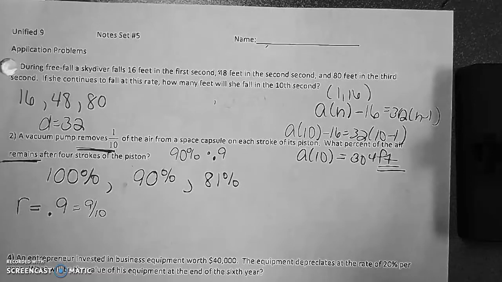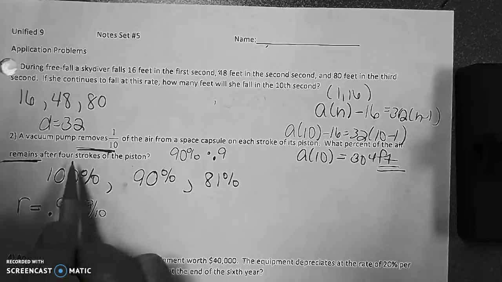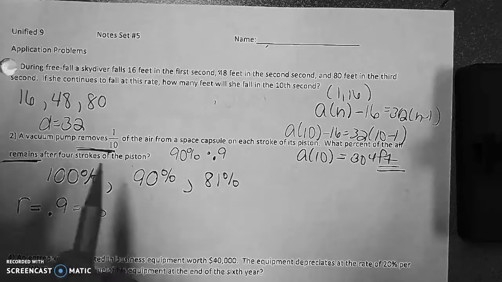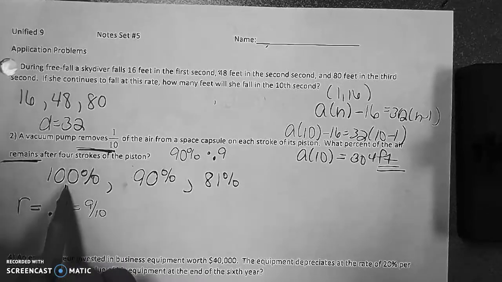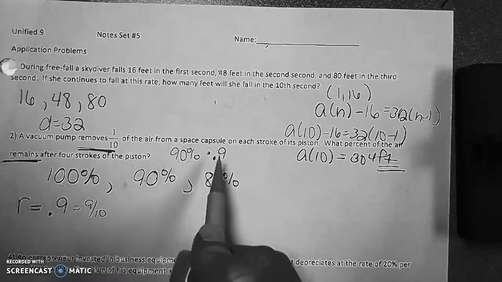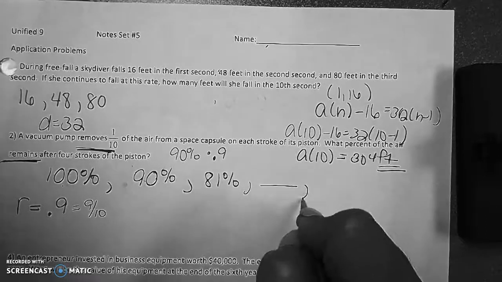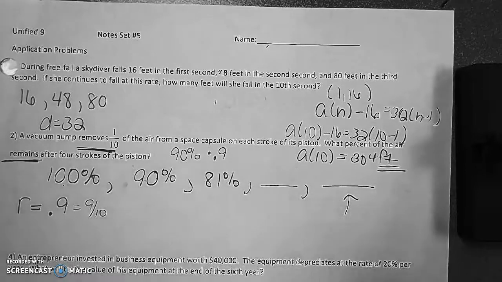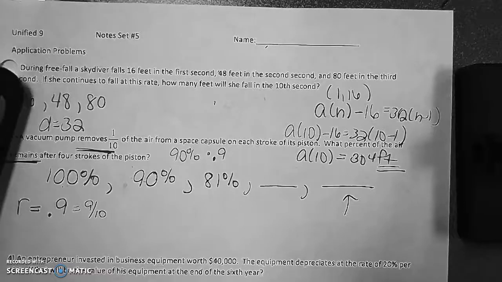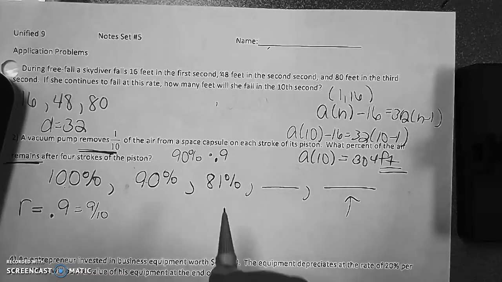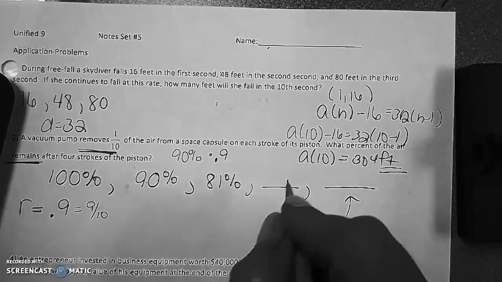And actually, if this were me, I would just write this the rest of the way out, because I'm only looking for what happens after 4 strokes. Now here's the thing to remember. The first term here, 100%, did not count as a stroke. That's how much we had in it to begin with. So this is the first, second, third, fourth. This is the one you need to try to find. But if it were me, I would just take my calculator and I would keep going. So I'm going to multiply 81% by 0.9.